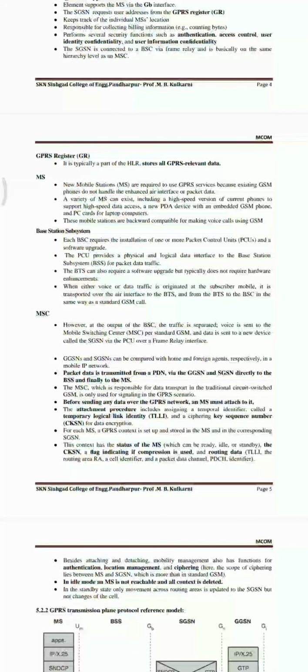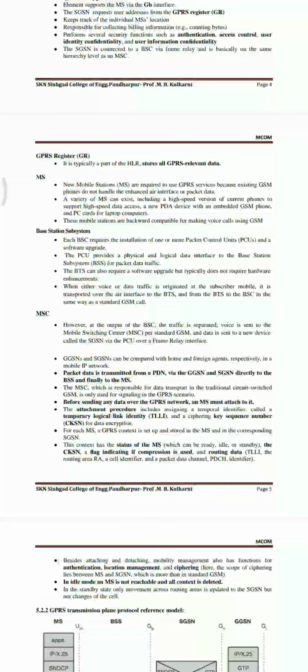So the attachment procedure is nothing but assigning two different numbers, the TLLI and the CKSN, to that mobile station.